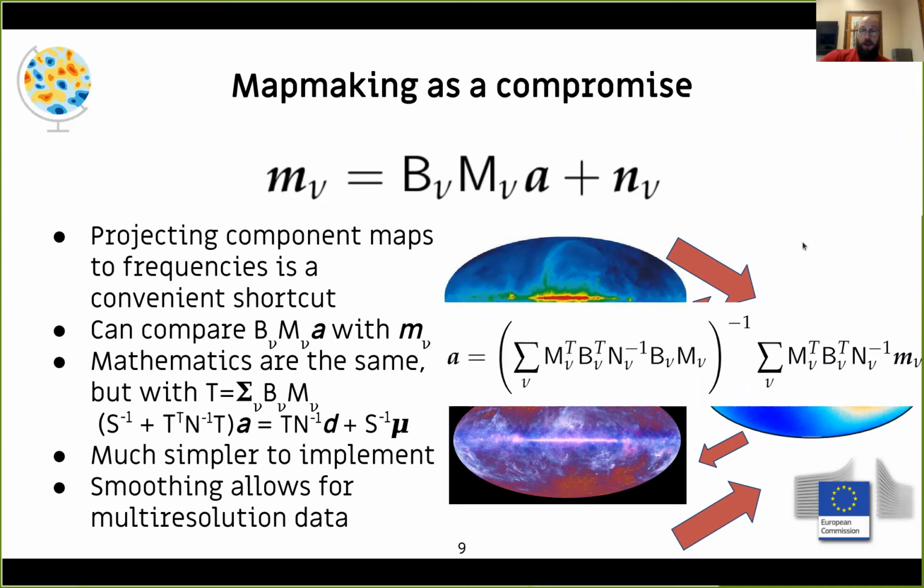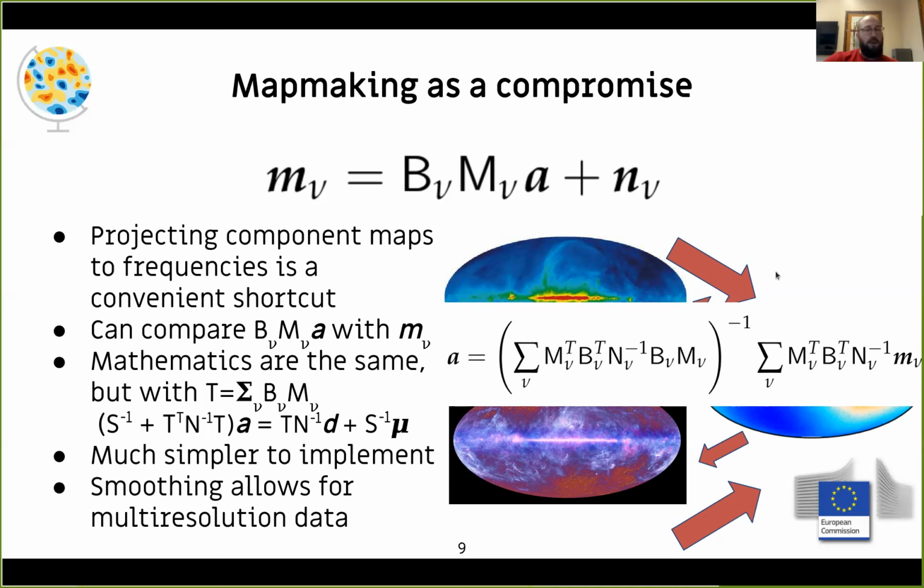And I do want to point out as well that this starts to reduce to the usual template-based map making that we're used to. So you may have heard of the internal linear combination method, where you take linear combinations of different maps to solve for different components. In a sense, if you work through the algebra here, this A for each component is a linear combination with the correct coefficients.